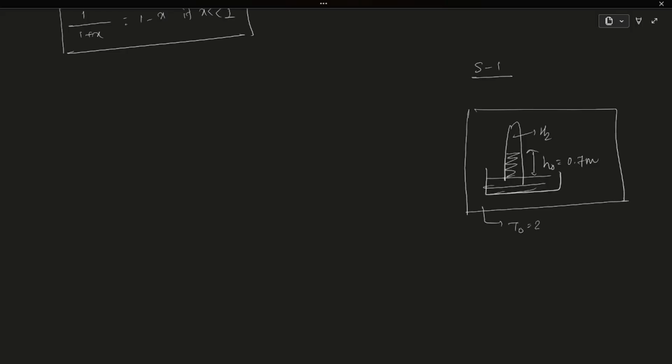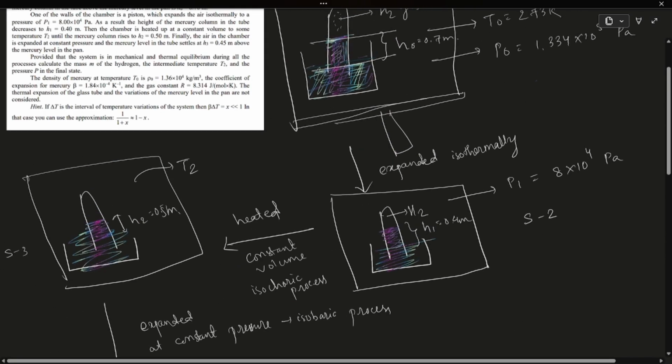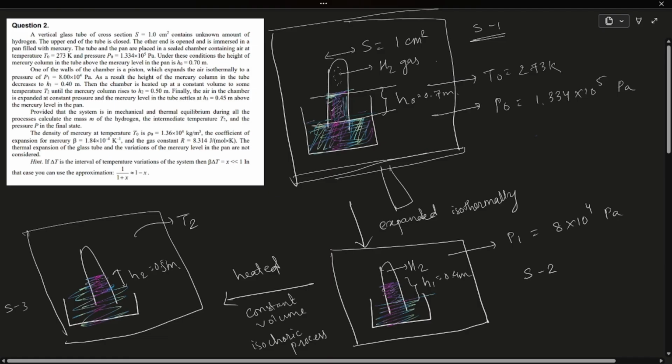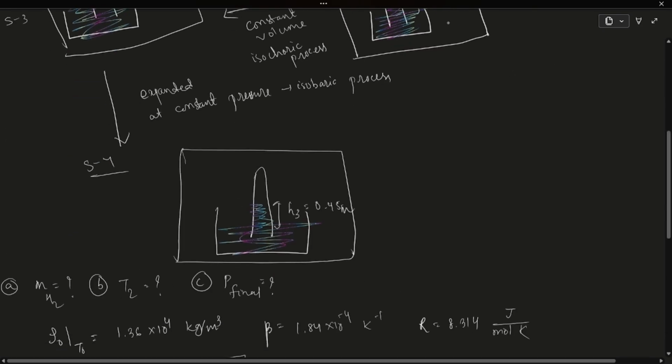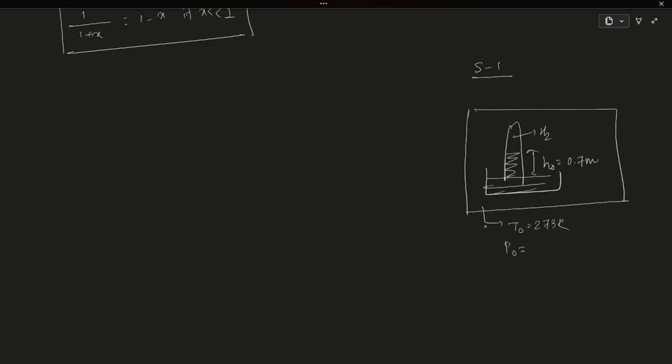T naught is 273 Kelvin and pressure P naught is 1.334 into 10 to the power 5 Pascal. And S is given as 1 cm square. So let the height of the tube be capital H.